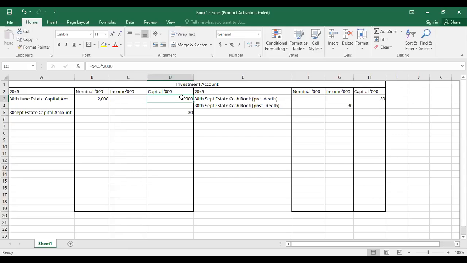But the assets that will be capitalized at death will be the interest that is payable to the deceased before they died. Any other accrued amounts will be treated as income. And that's the figure that we've posted here.